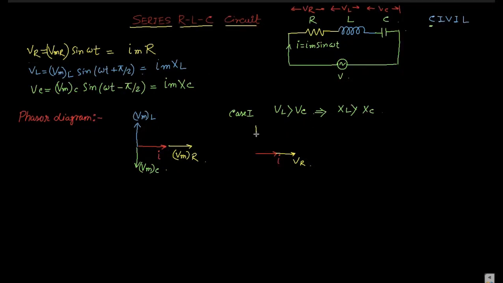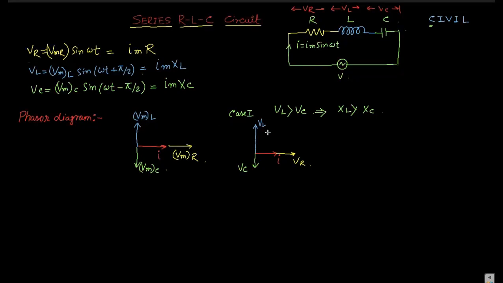If this part is VL, I am not writing VML. VML is the average value and VL is the RMS value. This is the difference between these two, nothing else. And so it becomes VC, because VL is greater than VC, or XL is greater than XC.